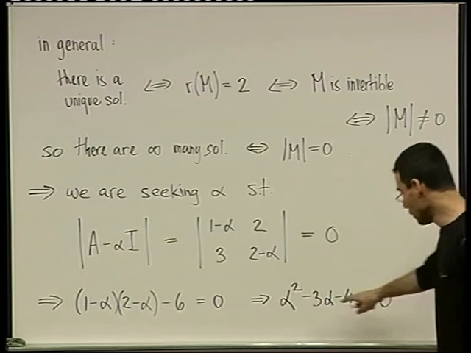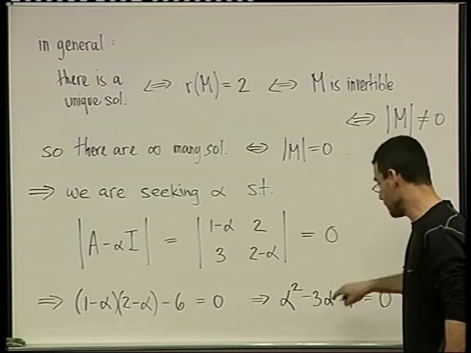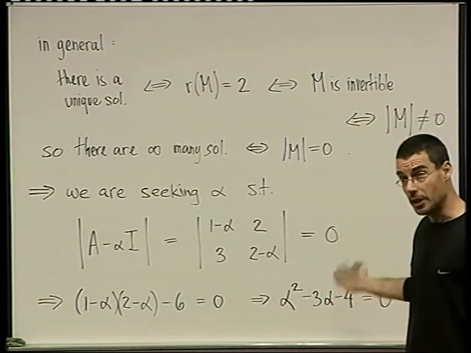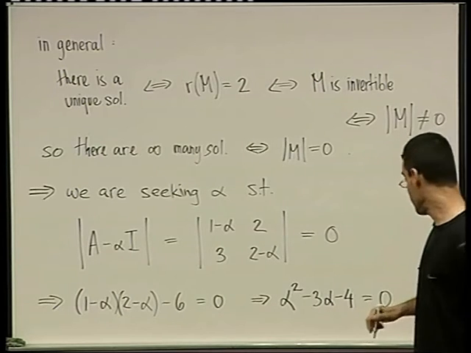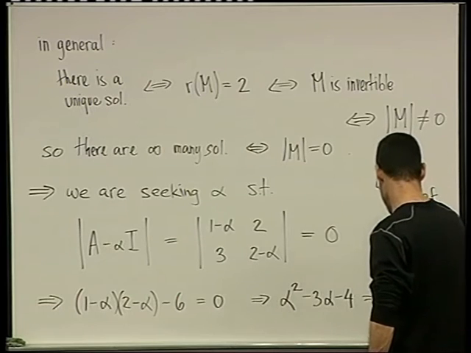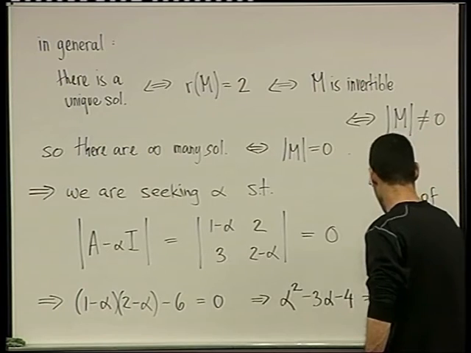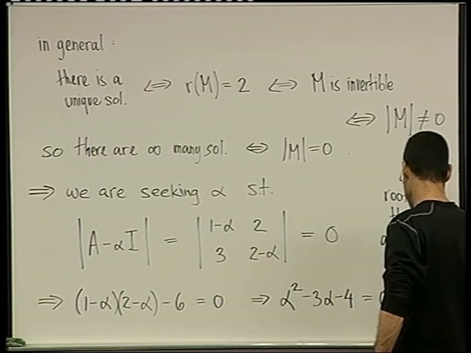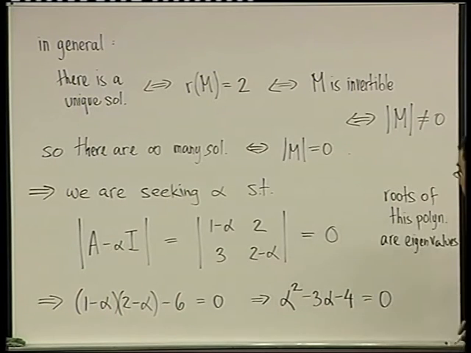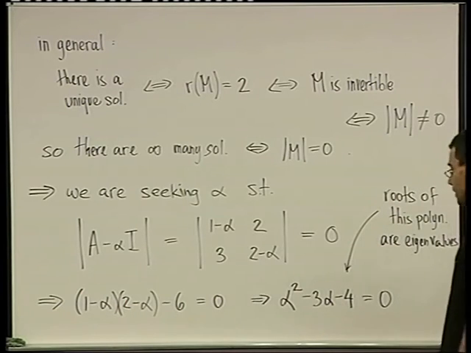So we're looking for roots of this polynomial. Roots of this polynomial are going to be such alphas, are going to be eigenvalues. Roots of this polynomial are eigenvalues, are alphas that we're looking for. Do you agree?